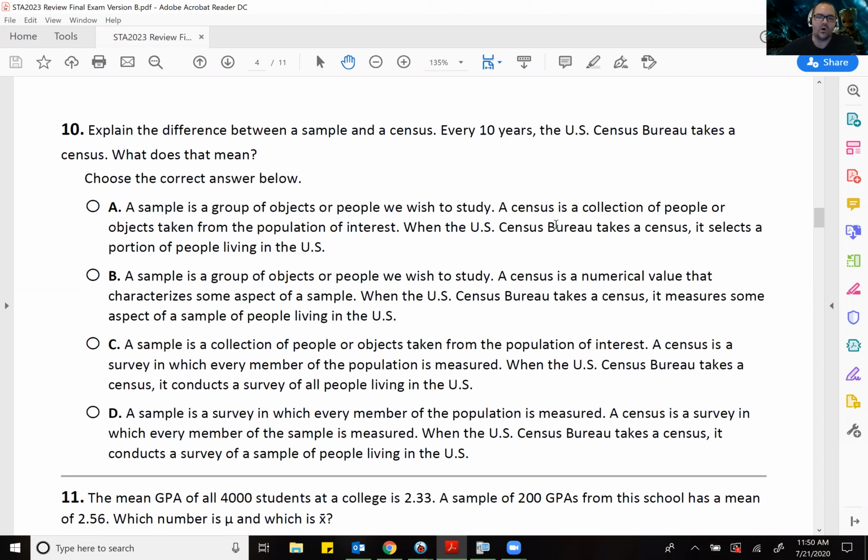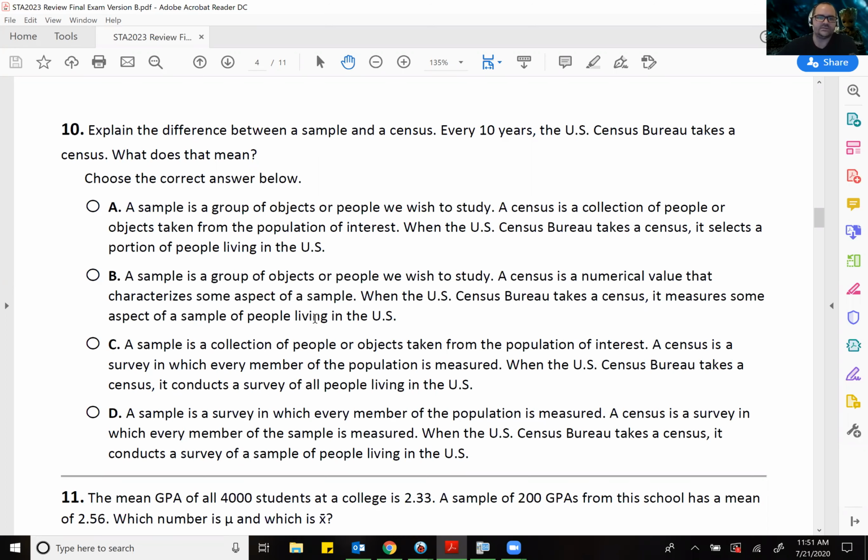A census is all about the population. Part B says a sample is a group of objects or people we wish to study. Again, kind of. A census is a numerical value that characterizes some aspect of a sample. And no, again, a census is not about a sample. It is about the population.